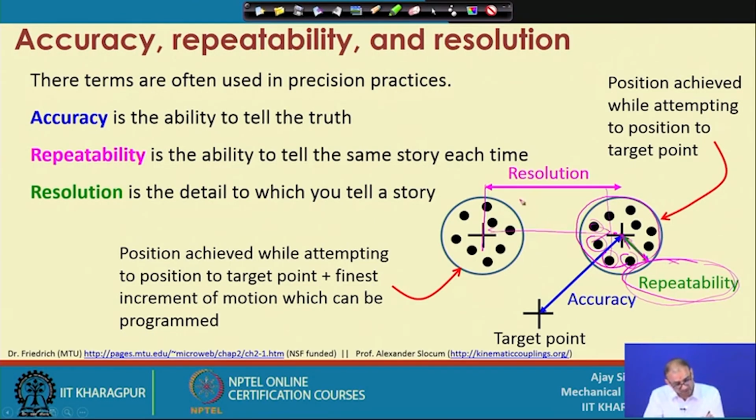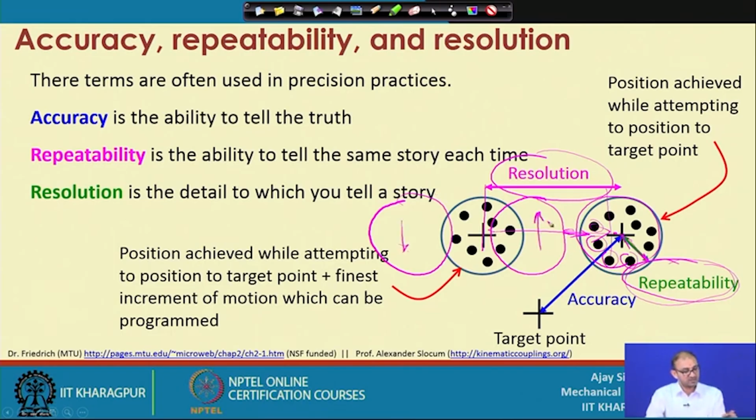If this particular circle is close to this thing, that means it is high resolution, that means within a small movement it can detect whatever things are changing. If it is located here, the resolution is low; here the resolution is very, very high. So, I think now it is very clear, in terms of machining operation and micro machining perspective, that accuracy, repeatability and resolution are very, very important during the construction of the machine and during operation also.